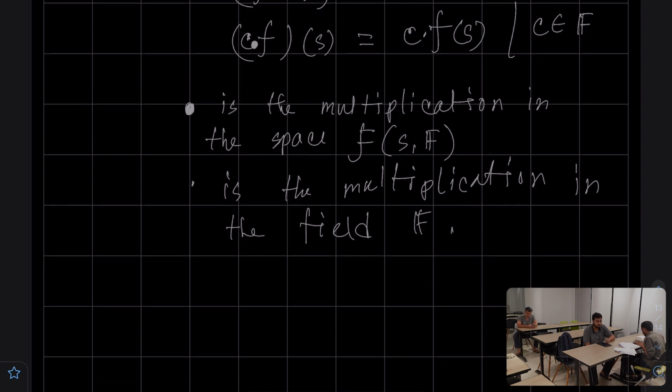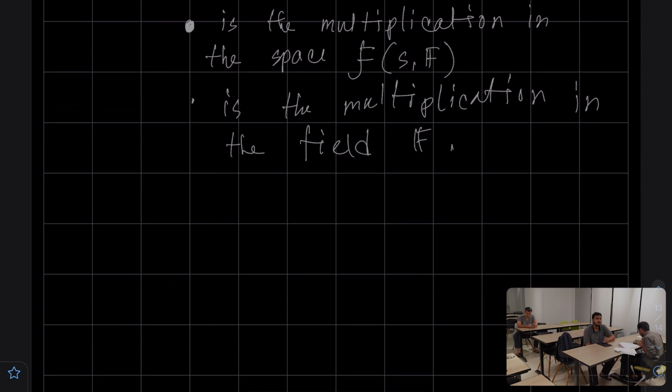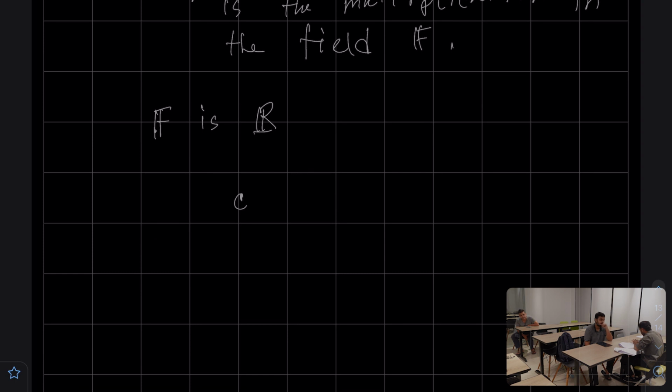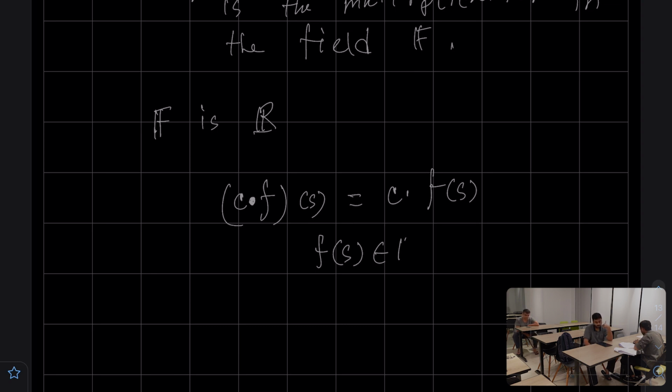Just consider a simple example: if F is the real field, then if I multiply c with f evaluated at s, this is just c times f(s), and we know that f(s) belongs to R. So this multiplication is just the multiplication in the reals. But the other multiplication is not in the real field; it is in the vector space.